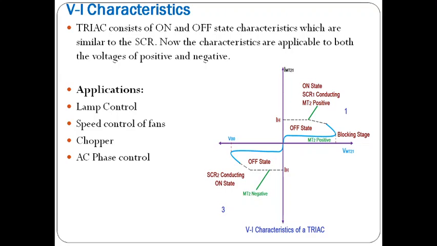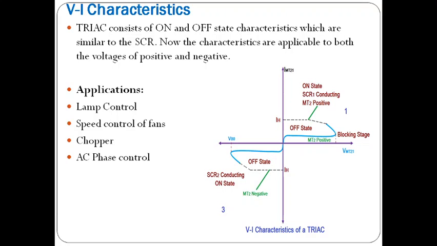Coming to quadrant 3, again before breakdown a small amount of current will flow in this SCR, it is leakage current. When it reaches the breakdown voltage, again it starts conduction for MT2 negative. So we can observe the triac characteristics in quadrant 1 and 3.